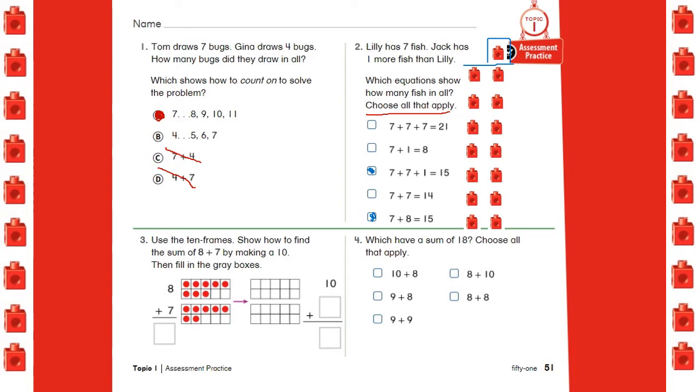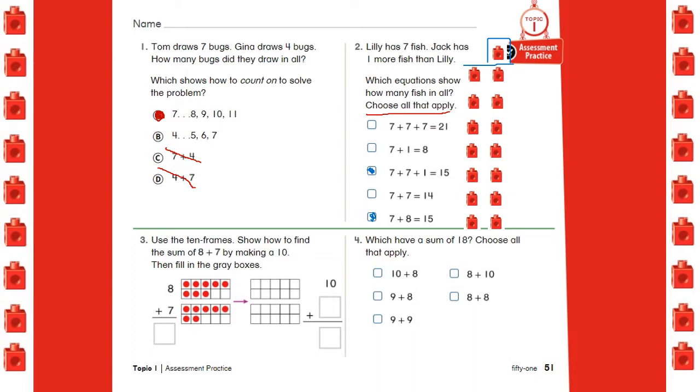Number 3, it says use the 10 frames. Show how to find the sum of 8 plus 7 by making a 10, then fill in the gray boxes. Well, those of you doing this at home will not have to use the 10 frames. You won't have to write anything out. You can if you want to, but there won't be a way to do it on the screen.